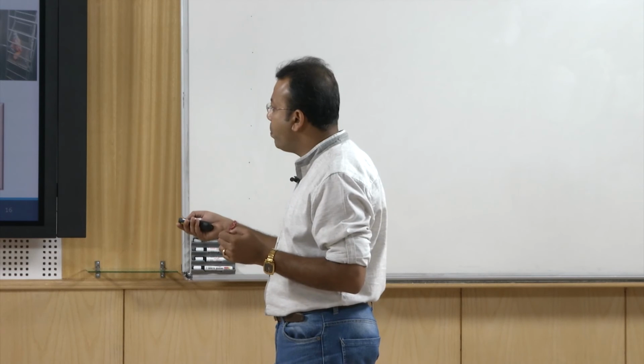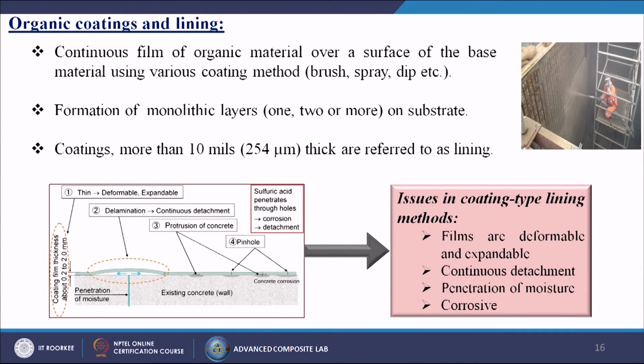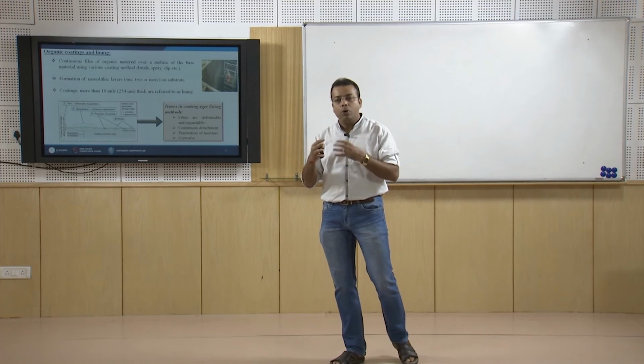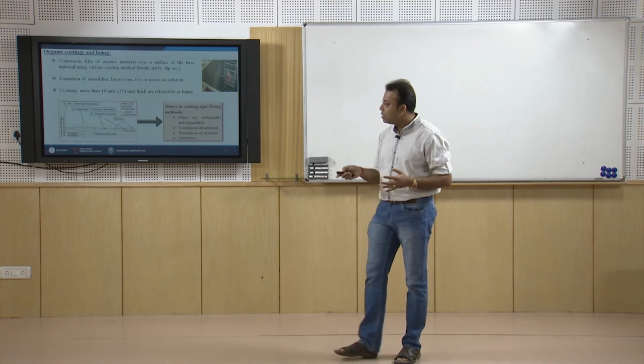So, these are the problems, and what are those? Films are deformable and expandable, continuous detachment, penetration of moisture, or corrosiveness. So, by doing organic coatings, using organic materials like paints or other means, we can coat your material surface.